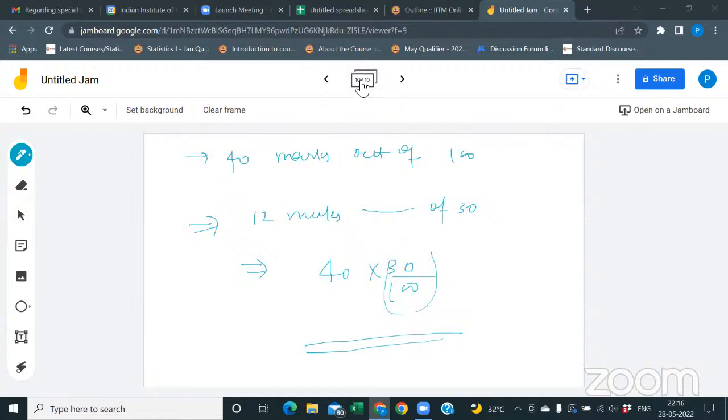Roshan has some doubt. I think he has joined or not. Roshan, are you there? Yeah, Roshan, what is your doubt? Hello. You can post your doubt on chat also.